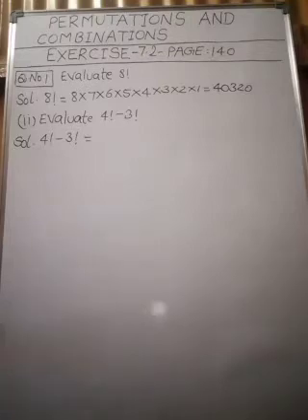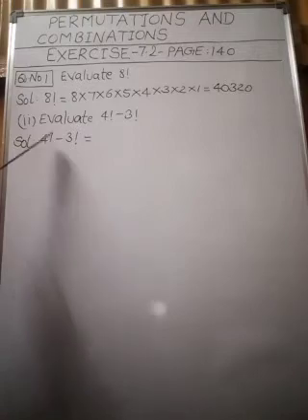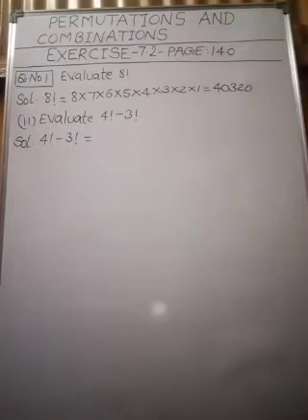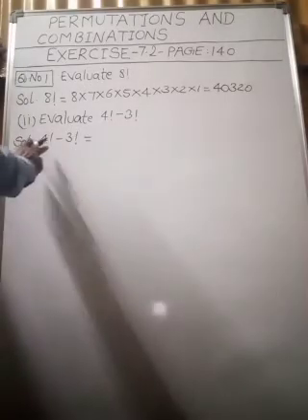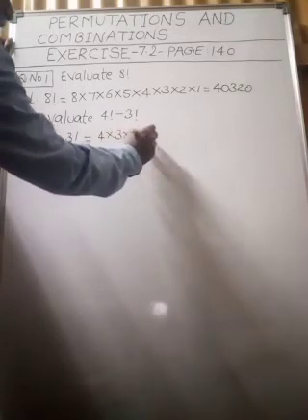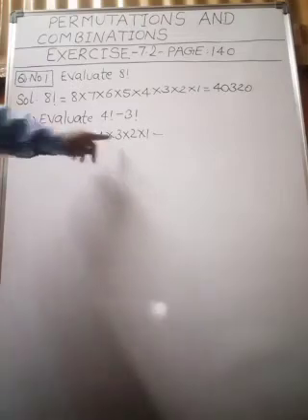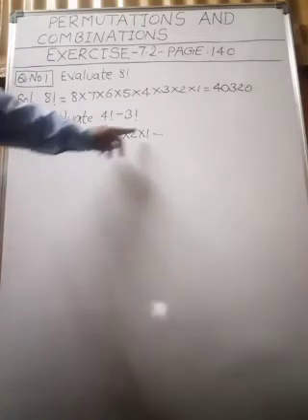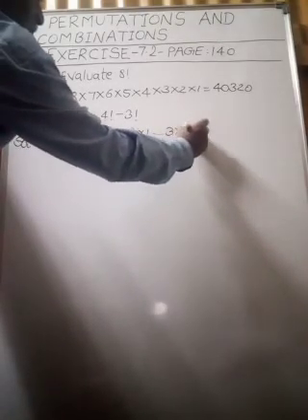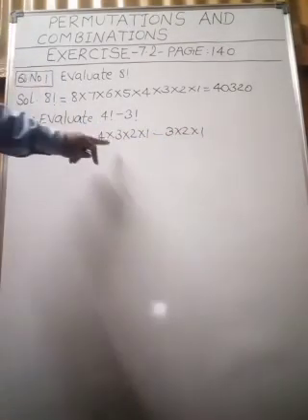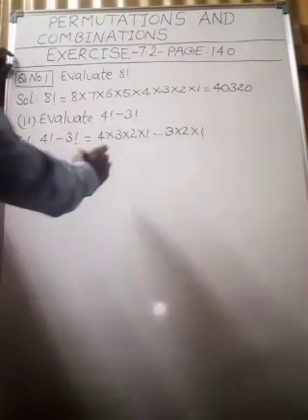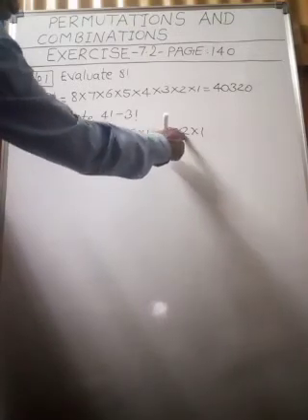We have to find the 4 factorial value separately, and the 3 factorial value separately, and then find the difference. 4 factorial is 4 into 3 into 2 into 1, minus 3 factorial, which is 3 into 2 into 1. 4 threes are 12, 12 twos are 24, minus 3 twos are 6, 6 ones are 6.